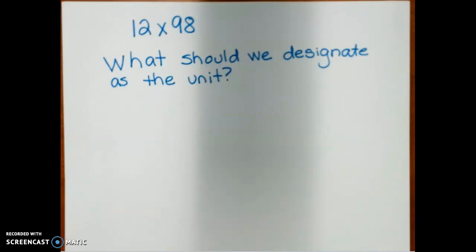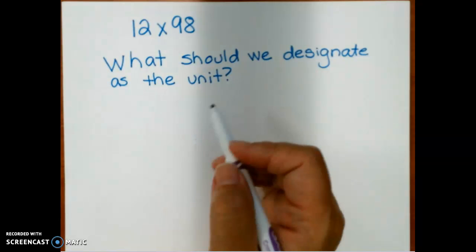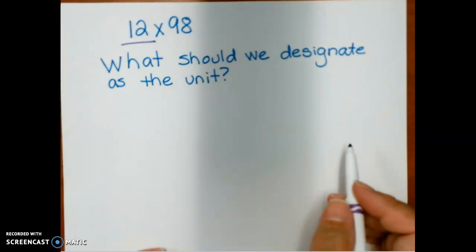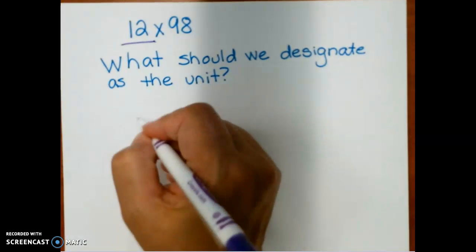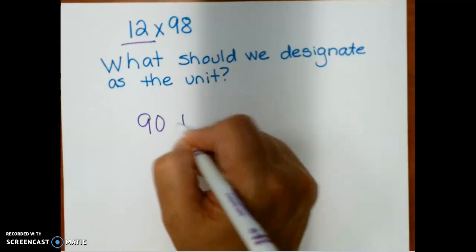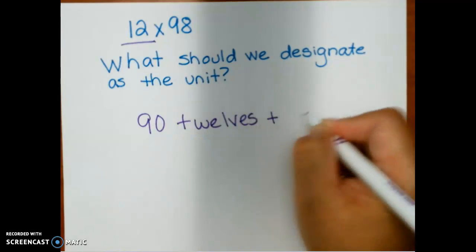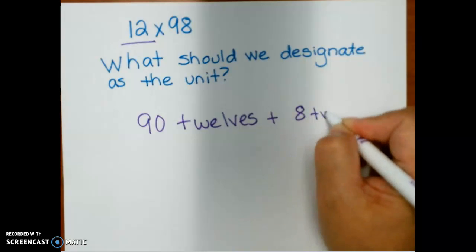Okay, so our last problem is 12 times 98. Well, what do I want to do with this? This one looks hard. I don't know. How about we designate 12 as the unit, because I could have 90 12s plus 8 12s.